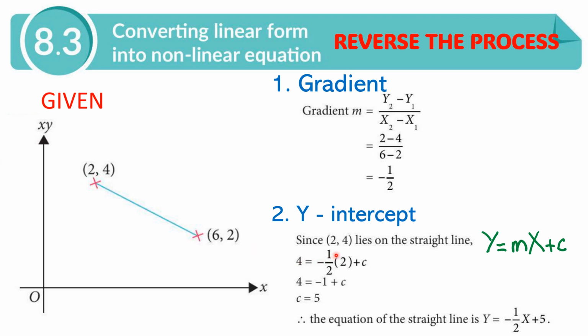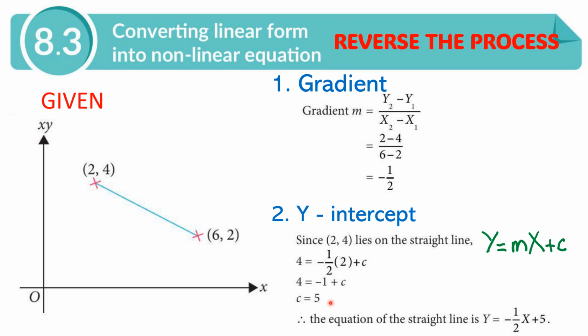Since the point (2, 4) lies on the straight line, I want to sub this point into the equation. You can see from here, the value of y in this case is 4. So I sub 4 into my y. Since the gradient is equal to negative half, I sub it in. And the x value is actually 2. From here, I sub the values in and I can easily find the value of c, which is the y-intercept.